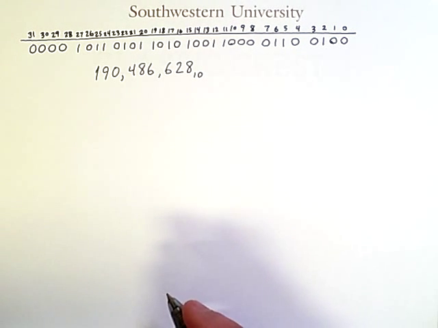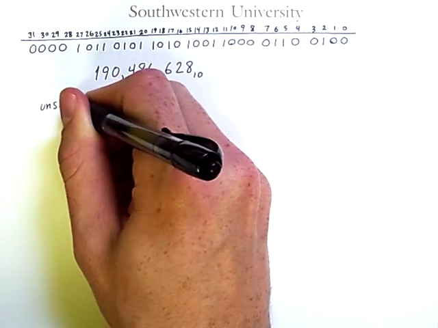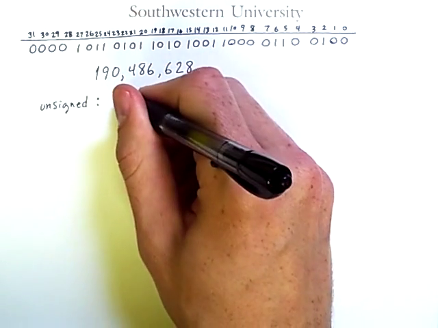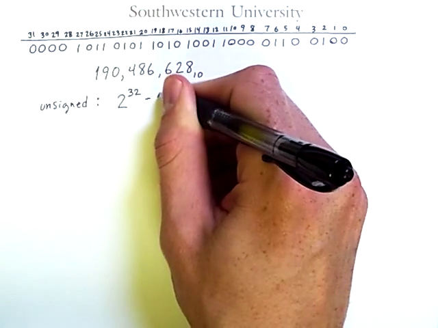The largest possible number that can be represented if we interpret this as an unsigned value would be 2 raised to the 32 minus 1.